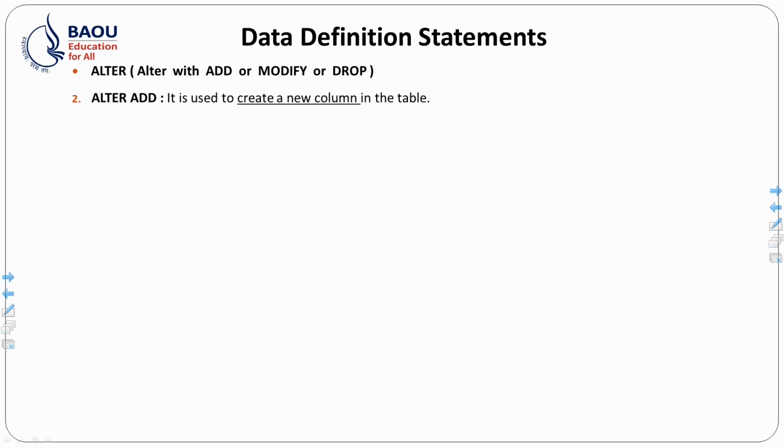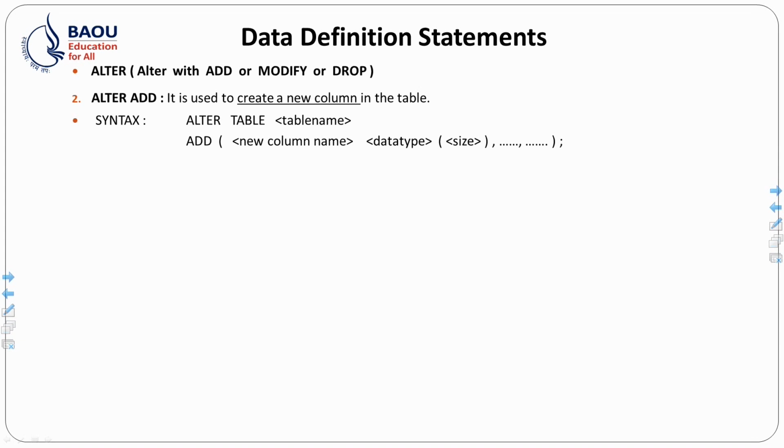Now the next DDL command is the alter command. The alter command is used with alter add, alter modify, or alter drop. Alter add is used to create a new column in the table. The syntax of the alter table command is alter table, then table name, then add, new column name, then data type and then size. After that, the command is completed, then the round bracket is closed, then semicolon.